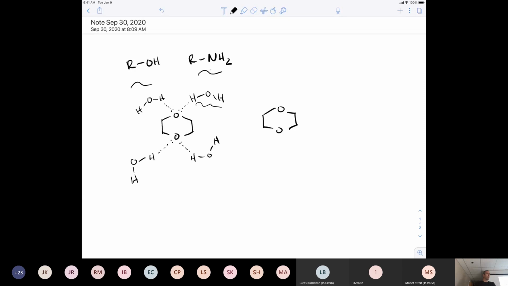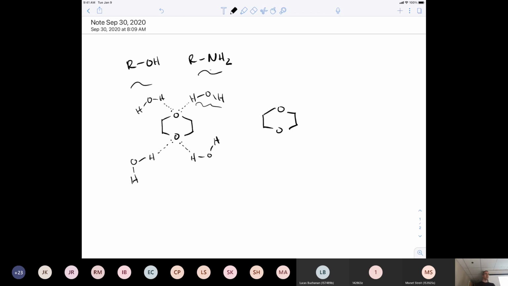There's nothing it can hydrogen bond with because it needs an OH or an NH or an FH, although FH is super rare, as I said. It needs a donor and it needs an acceptor. So the donor is the OH or NH. The acceptor is just any nitrogen or any oxygen that has lone pairs.